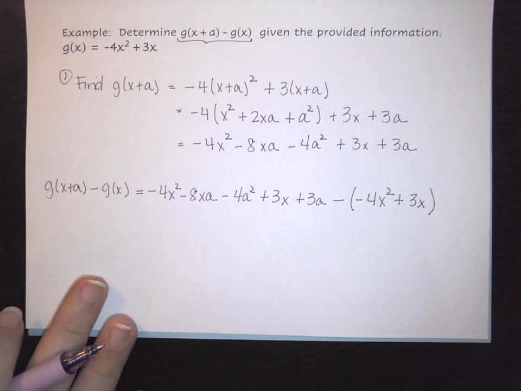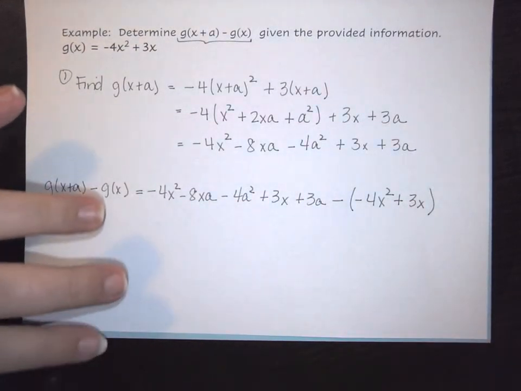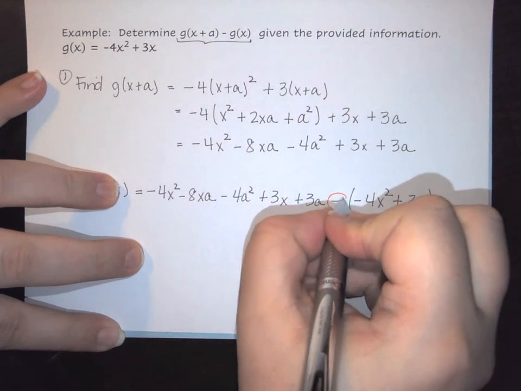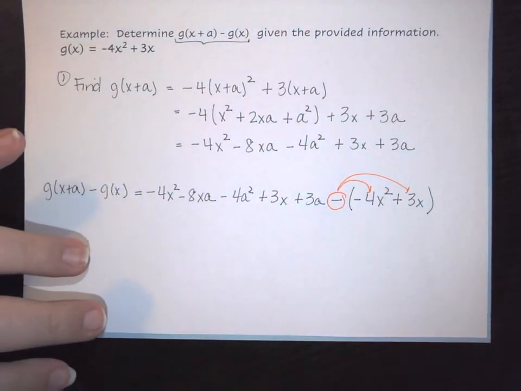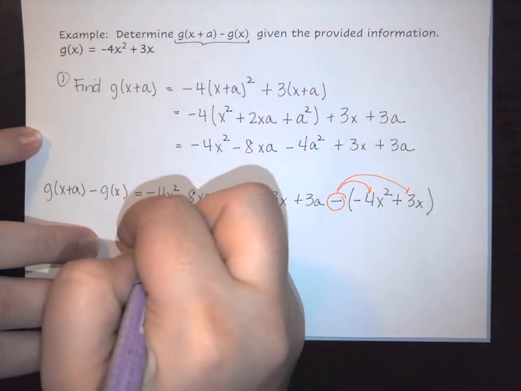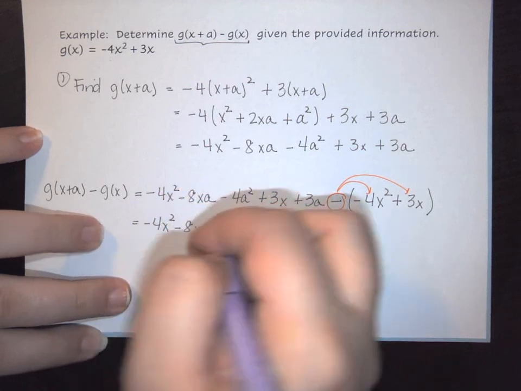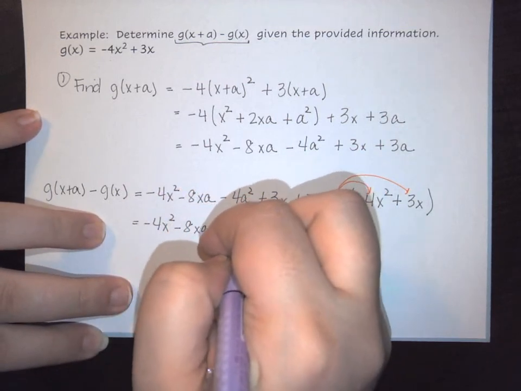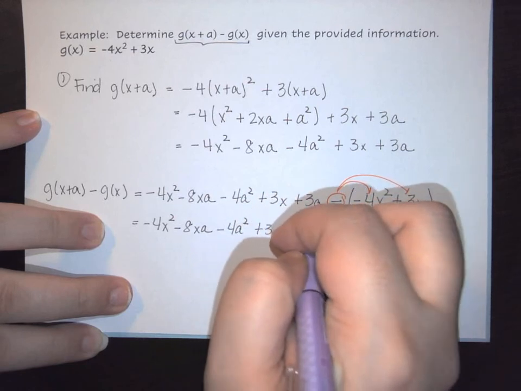The last thing we have to do is simply reduce. So I'm going to take this negative and distribute it through my parentheses here.